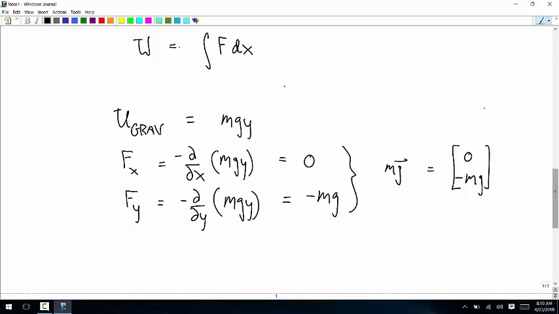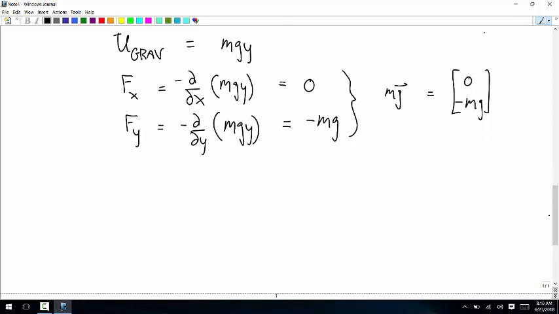And what about the spring? So let's say spring potential energy is 1/2 k x squared.